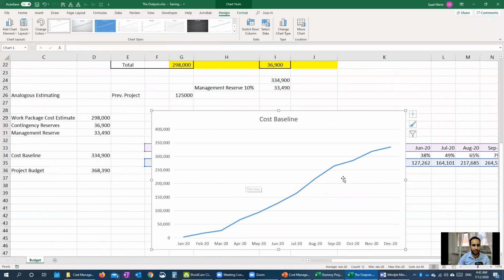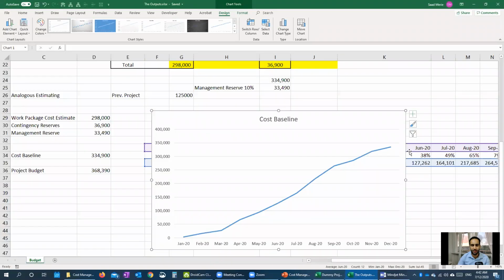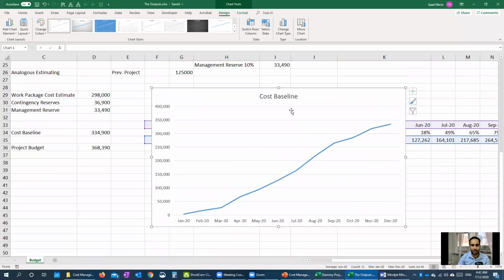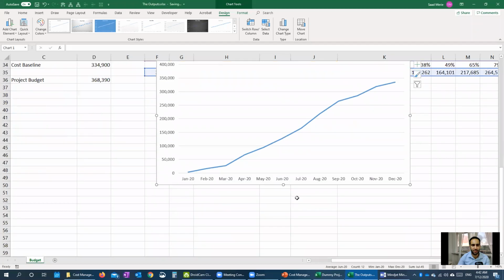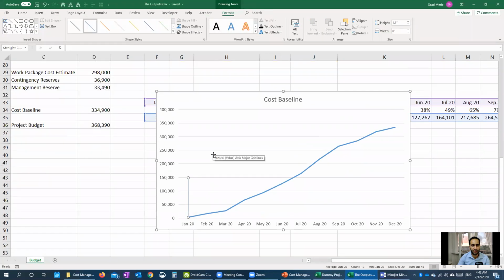And like we said, above the cost baseline we have a small amount between the 334 and 368, which is the management reserve, which is this amount. So what are our funding requirements? It might be like this. We can draw it on this shape to make it easy. So let's say in the beginning of the project, I ask for 150,000.